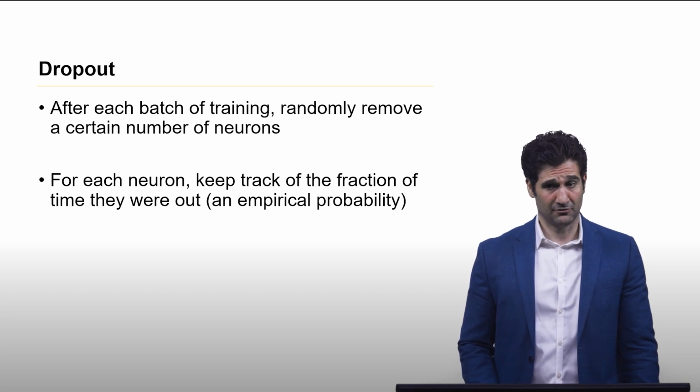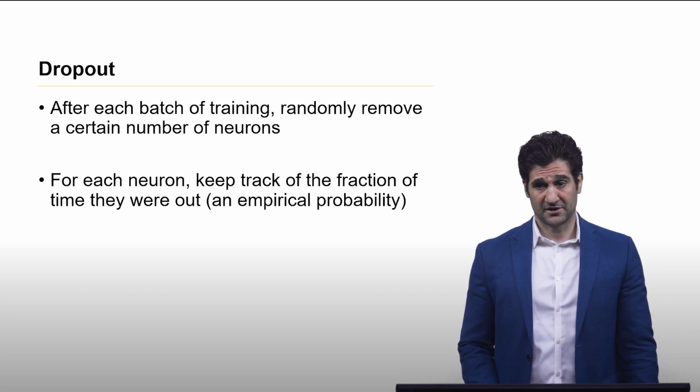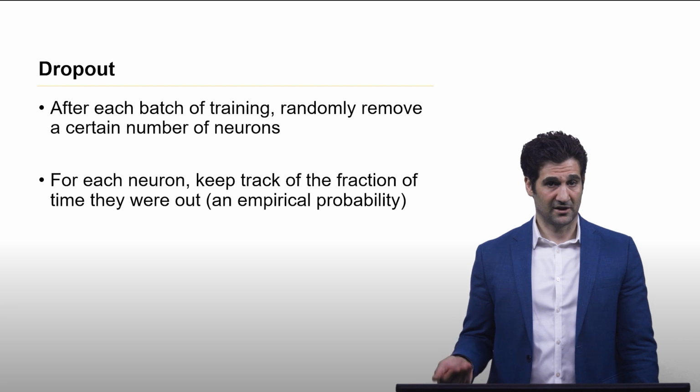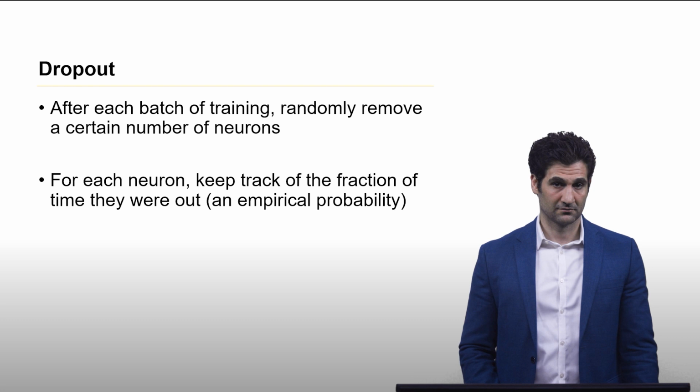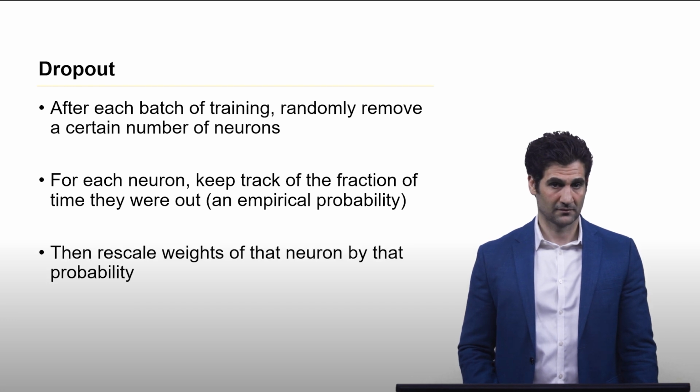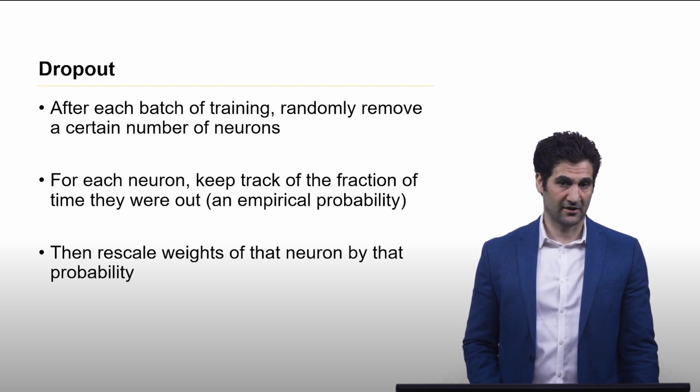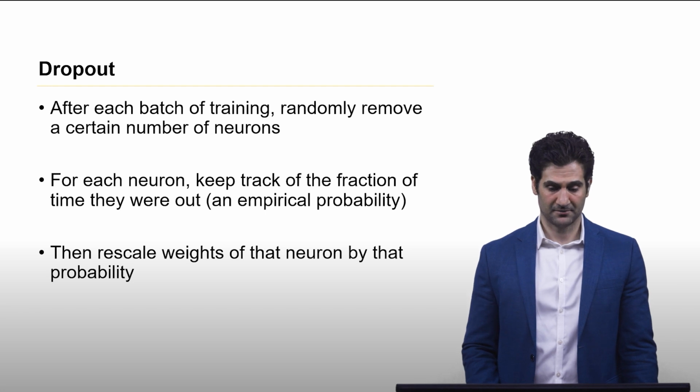So if a neuron was dropped out for 2 out of 10 batches in the training, the probability would be 0.8. Then we rescale the weights based on that probability.